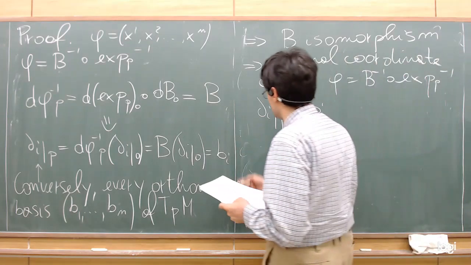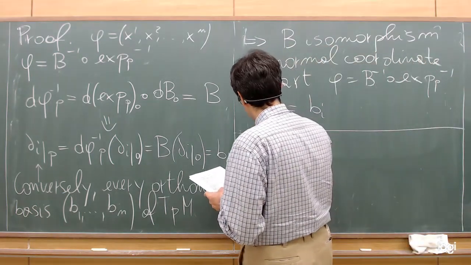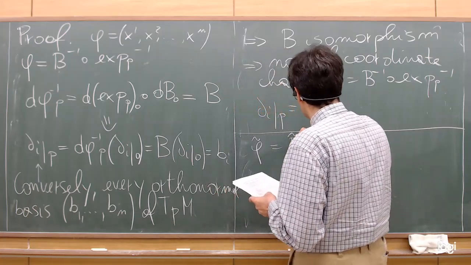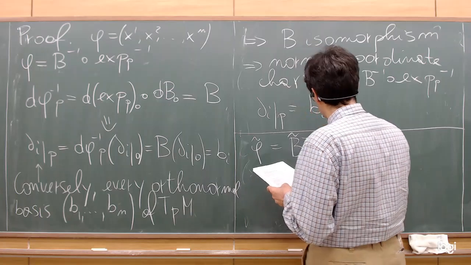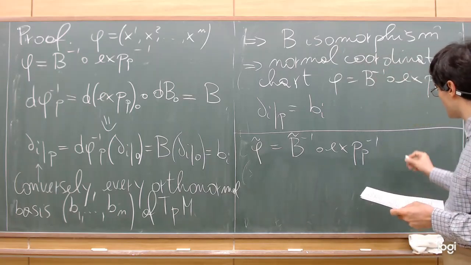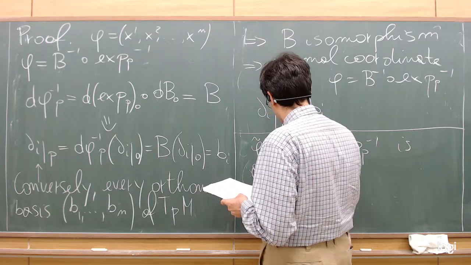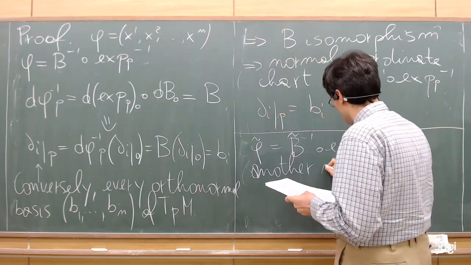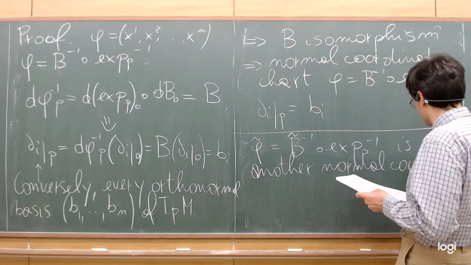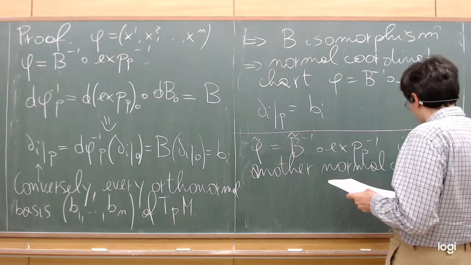Now suppose that phi tilde equal to B tilde inverse composed with the inverse of the exponential map is another normal coordinate chart.